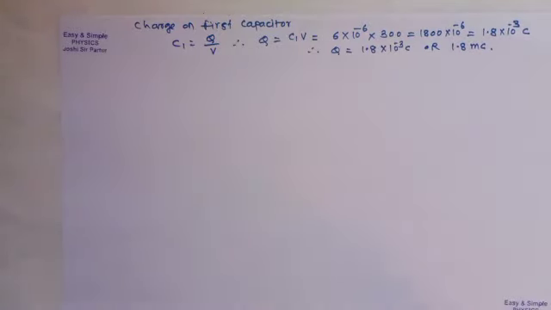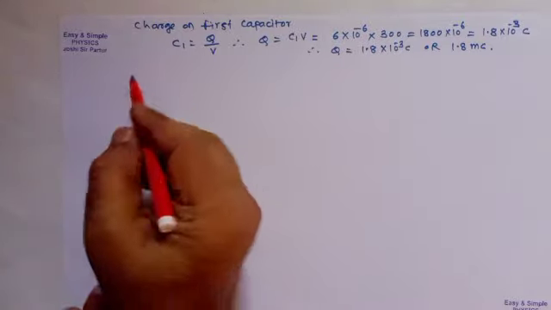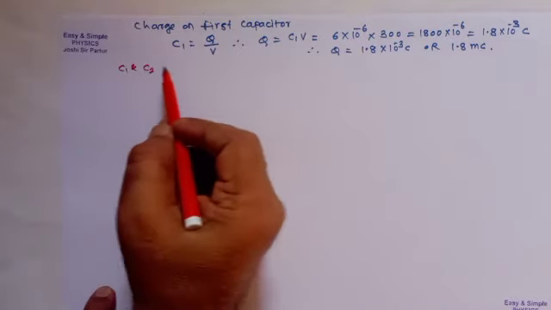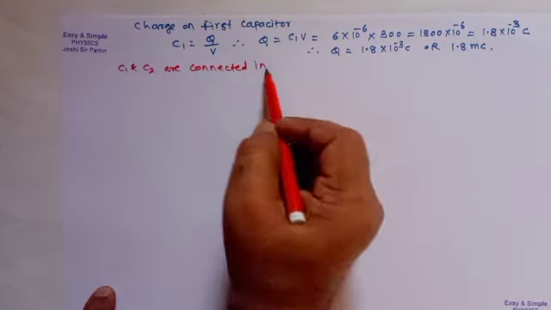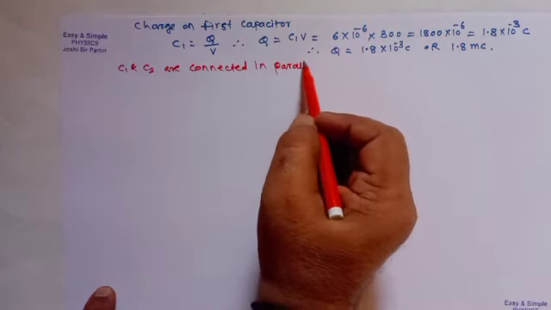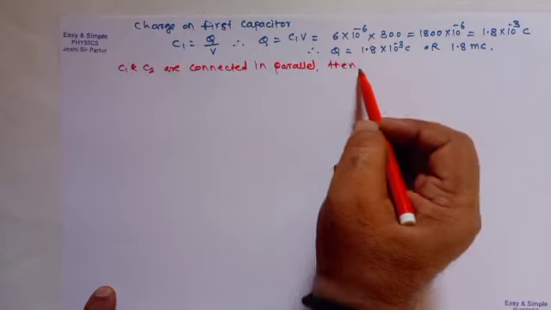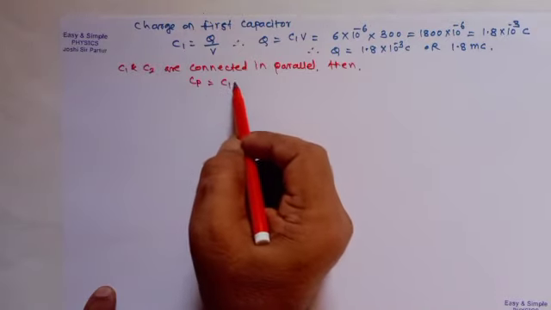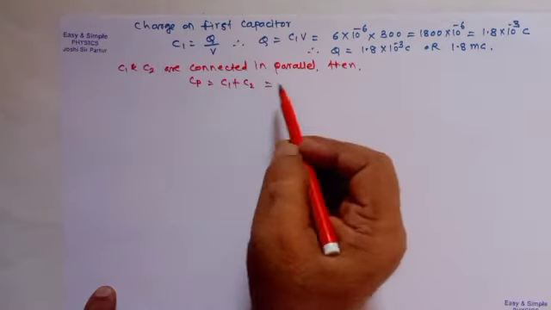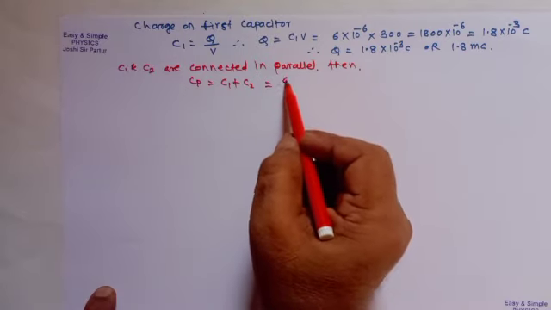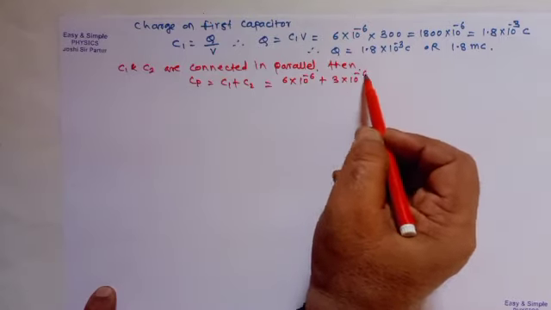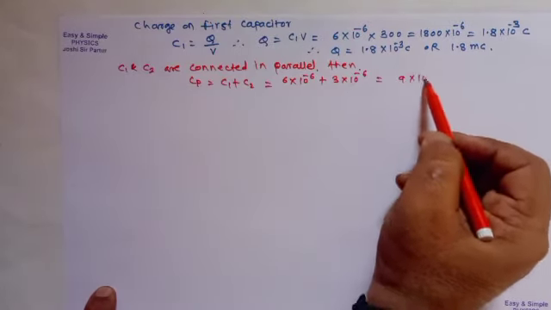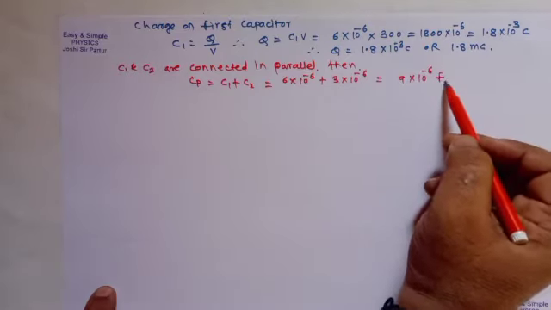So when two capacitors C1 and C2 are connected in parallel, then Cp is equal to C1 plus C2, that is 6 into 10 raised to minus 6 plus 3 into 10 raised to minus 6, which is 9 into 10 raised to minus 6 farad.